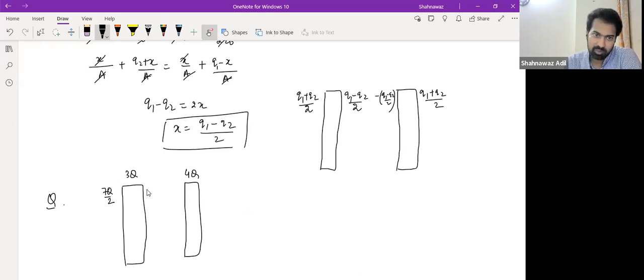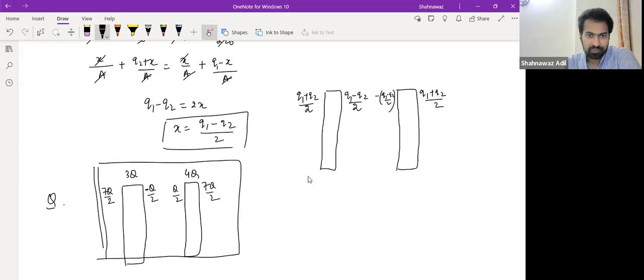This would be minus of 3Q minus 4Q, so minus Q by 2. This is Q by 2 and this is 7Q by 2. Is that so? Did you guys understand that? Yeah, Tarif, understood. Yes, sir.